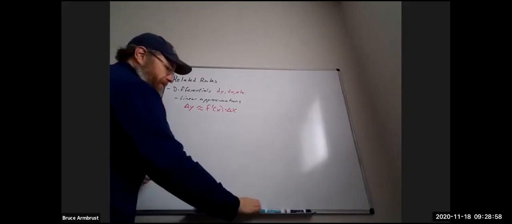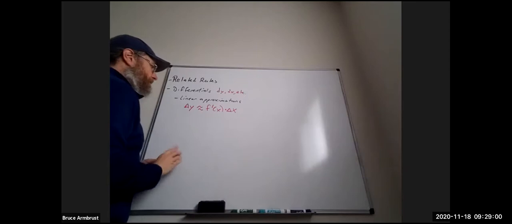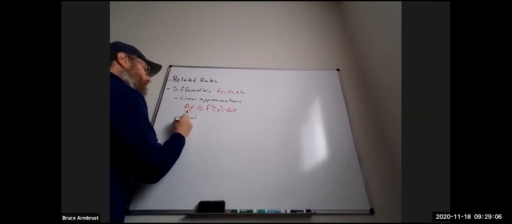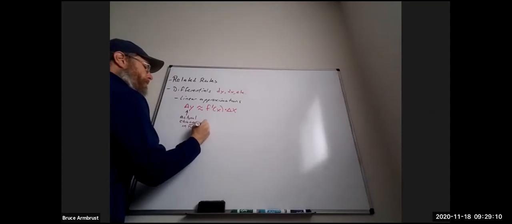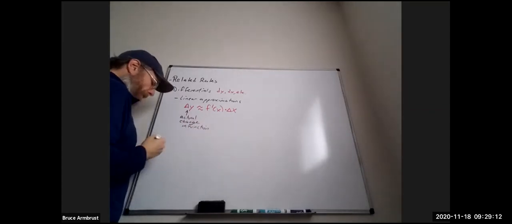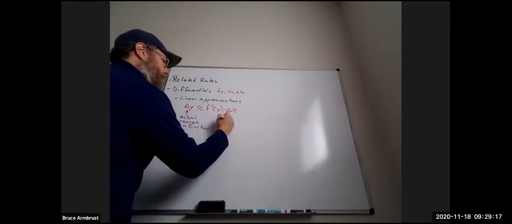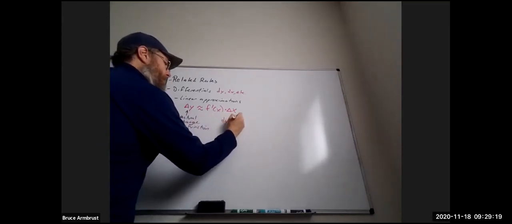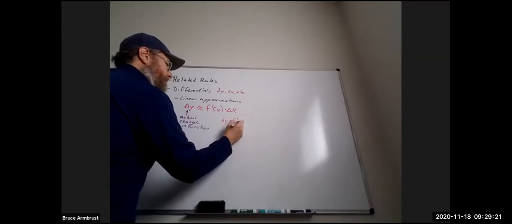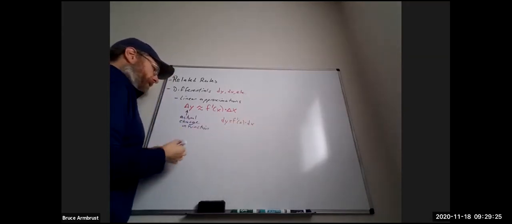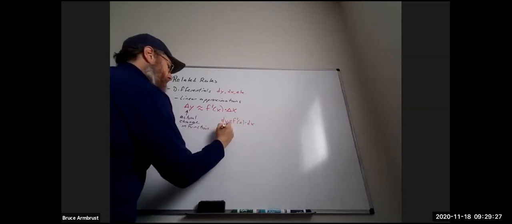The difference, because I know that sometimes this pops up too, is that delta y is the actual change in the function. And dy, because dy is exactly equal to f prime of x times dx, is the approximate change.